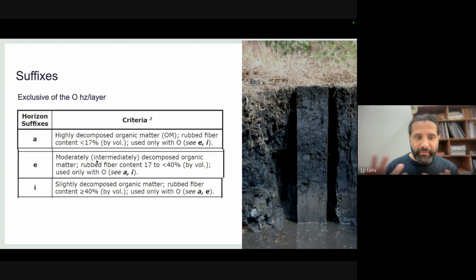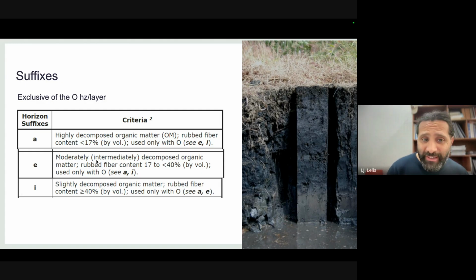So you can see the change of volume between the material that you took in the beginning and after the friction. According to this variation, you can have an idea of how much highly and slightly decomposed organic matter you have in that specific horizon or layer. Okay, and then you can add one of these three suffixes.